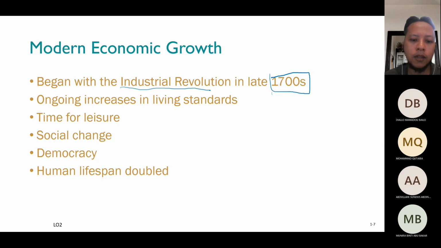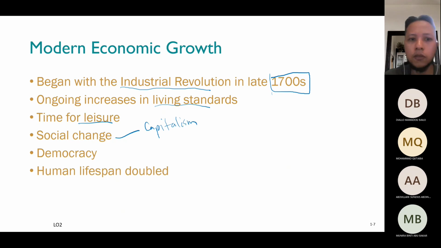Okay, so this is where the scholars back then started to look at improving our living standards. So we had economists that started to measure living standards, started to measure time for leisure, and then of course later on in terms of the society, they looked at how the society changed. So we had also various periods of capitalism.